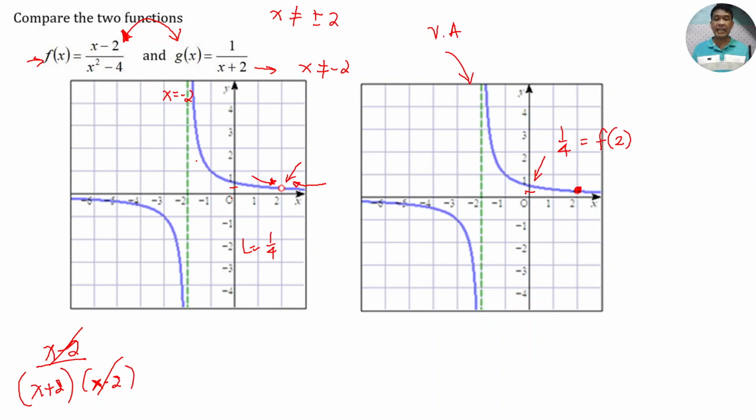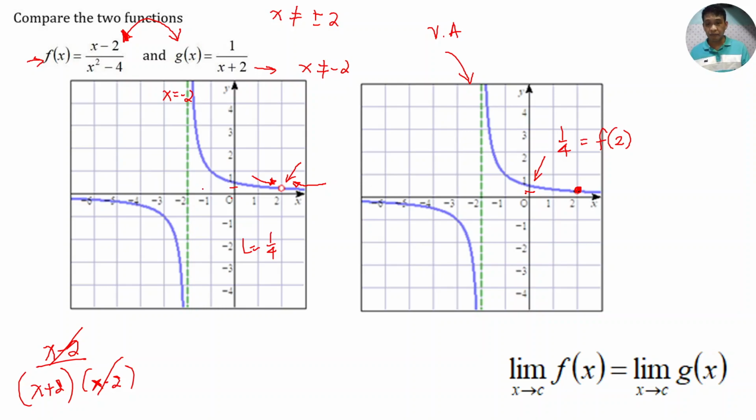Pero parehas ang nakuha nating value, kaya ang limit ng f of x as x approaches c is equal to limit of g of x as x approaches c, irrespective kung siya ay defined at x is equal to 2 or not, provided na yung value it approaches is a finite or a unique y value or function value.